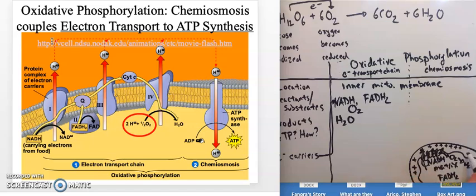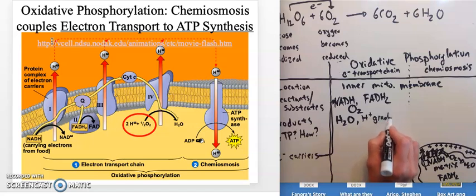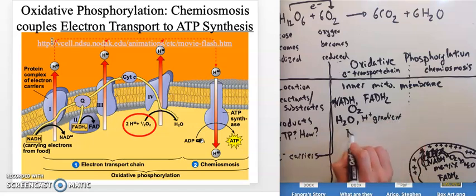Okay? And this sets up a concentration gradient. So the useful energy-containing product from the electron transport chain is the hydrogen ion gradient. Still, we really haven't made any ATP at this point, okay? And our electron carriers all got used up.